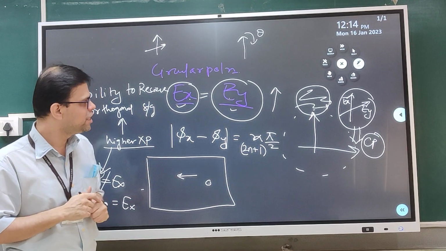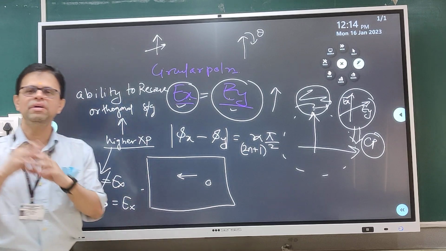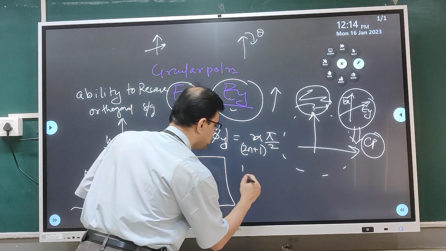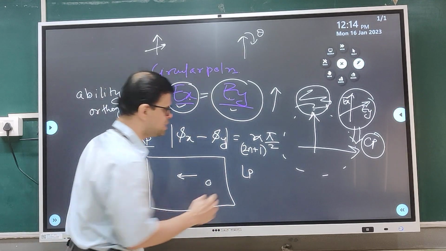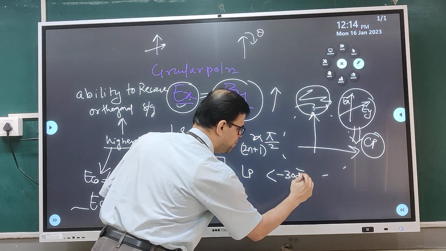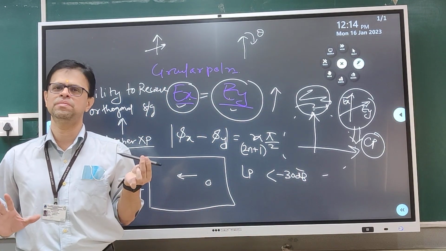In linear polarization, naturally the cross polar levels are very low. If I want to quantify them, in a linear polarized design, the cross polar levels are less than 30 dB. What it means is that it will not receive anything in the orthogonal direction.